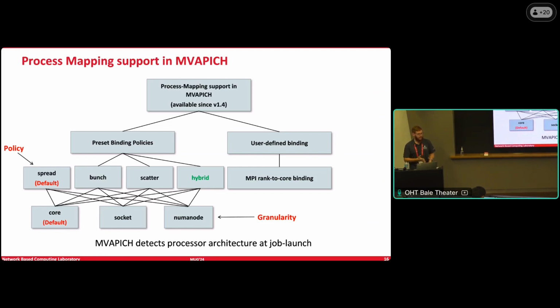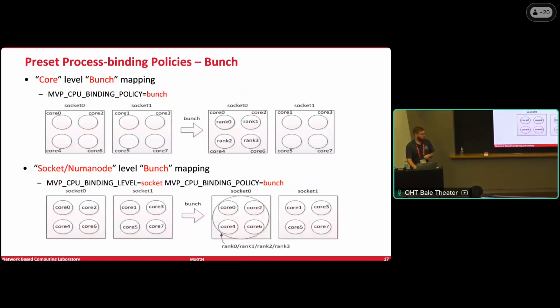But you can also change that if you want to, like I said, spread out your processes to keep them limited to, say, a single network adapter or a single GPU. And you can also change that from binding at the core level to binding to an individual socket and allow ranks to sort of context switch as needed across a socket or across a NUMA node. So we're going to take a look at some examples of that.